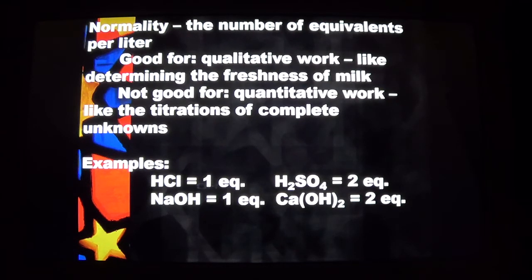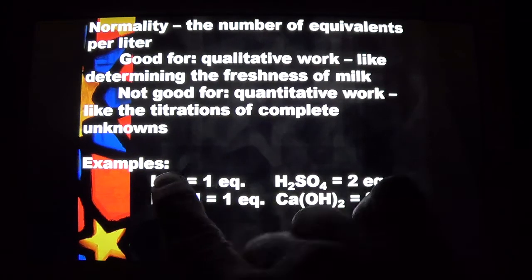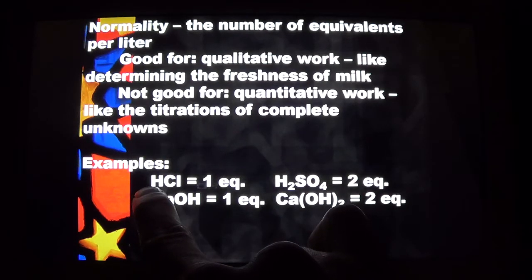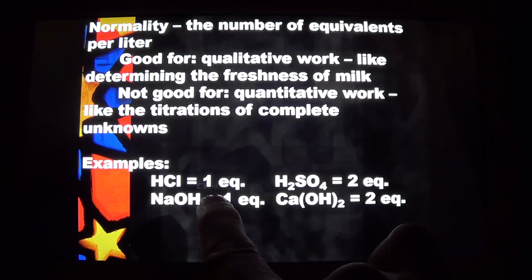You'll not see it on the AP test. It's not in the curriculum, and for good reason. That's not to say it doesn't have some useful purposes. So if you ever hear someone talking about normality, they're not butchering the word molarity. They're talking about something different. And the way normality works is you get equivalents. So one hydrochloric acid gives us one hydrogen ion, so that's considered one equivalent.